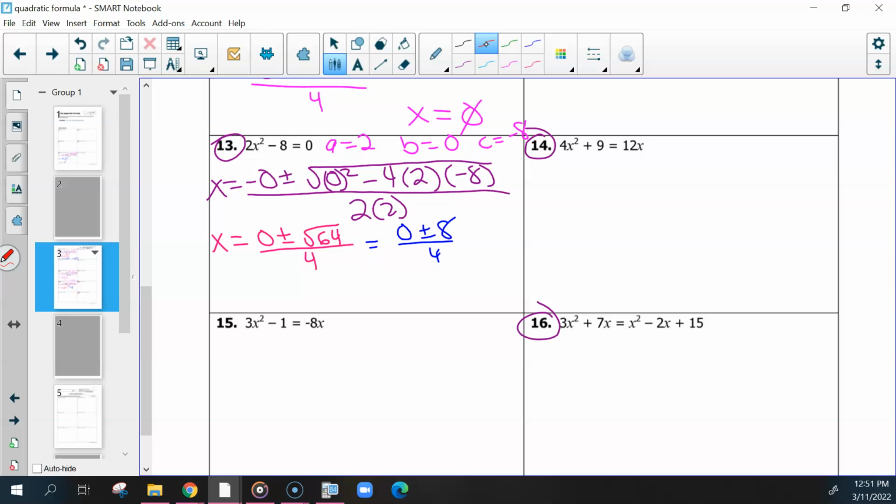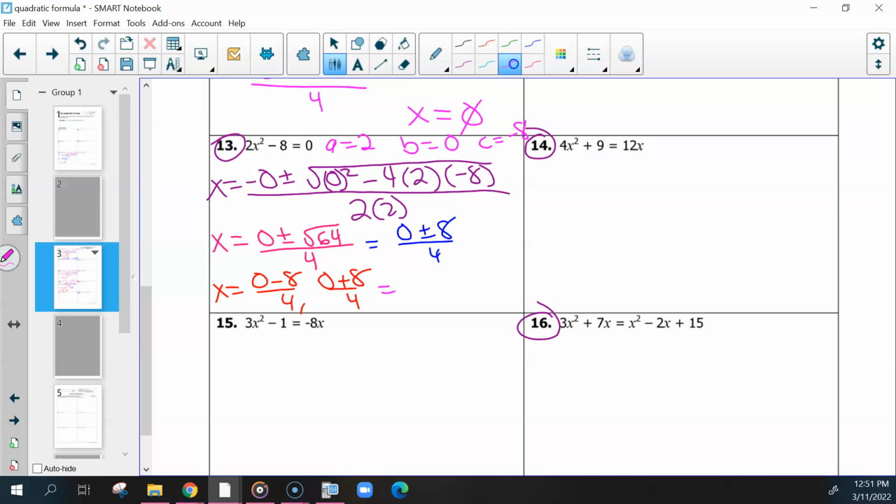So then we could keep simplifying this to 2 separate fractions. 0 minus 8 over 4 and 0 plus 8 over 4. Because we kept those zeros, now we know that we're going to have a negative and a positive.